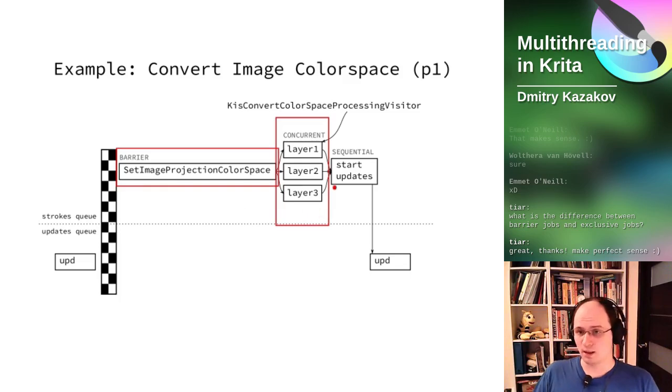Then we apply a visitor on every layer. We declare them as concurrent, so every visitor is executed in its own thread. So we convert layers in parallel in all 8 cores we have.